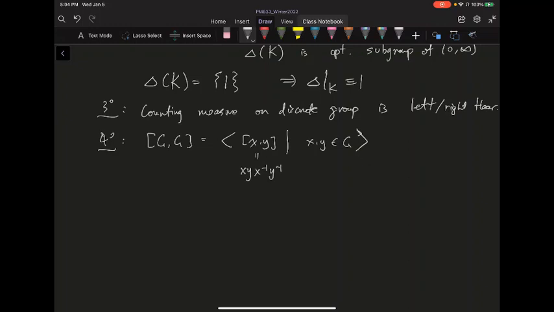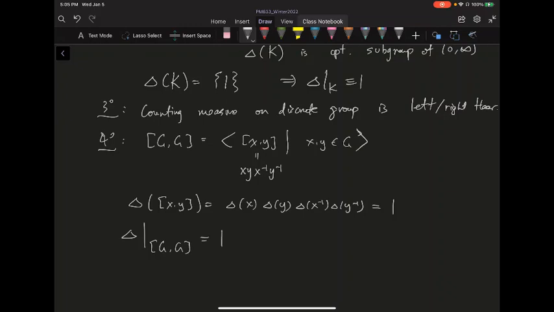Otherwise, it measures how non-abelian they are. If you evaluate delta on this, because delta is a group homomorphism, you get delta x, delta y, delta x inverse, delta y inverse. Because the range of delta is the positive reals, which is abelian, all of these cancel out and give you 1. So delta, when restricted to the commutator group, is equal to 1.